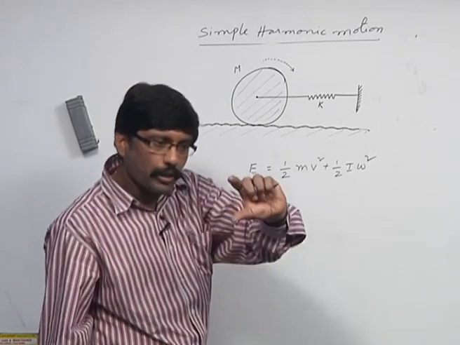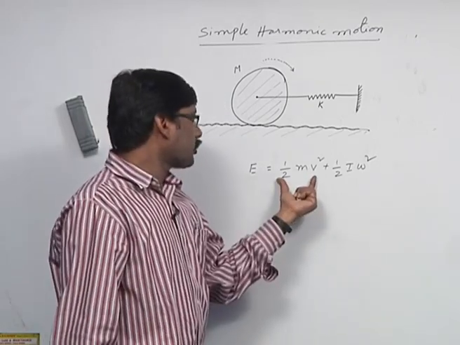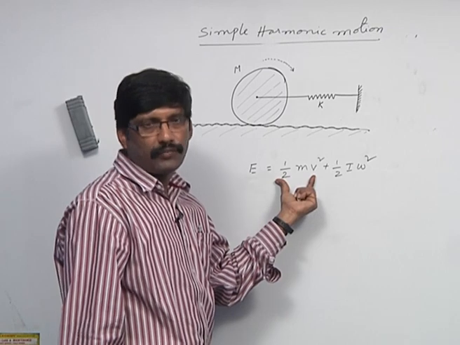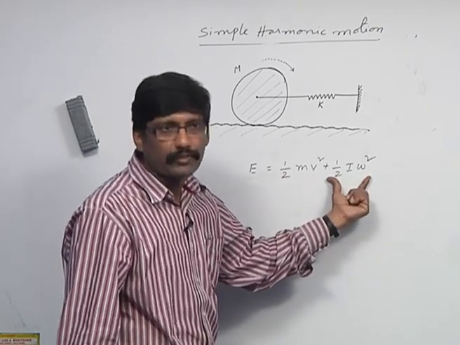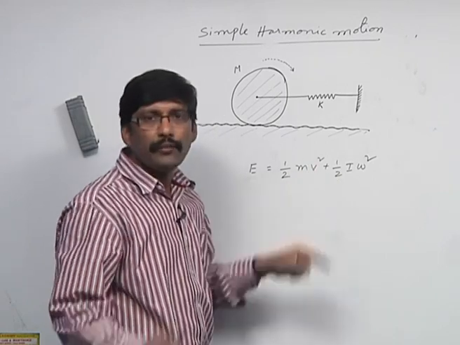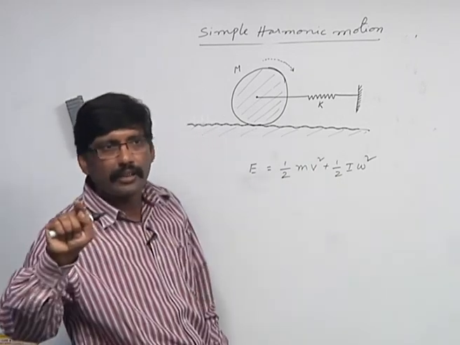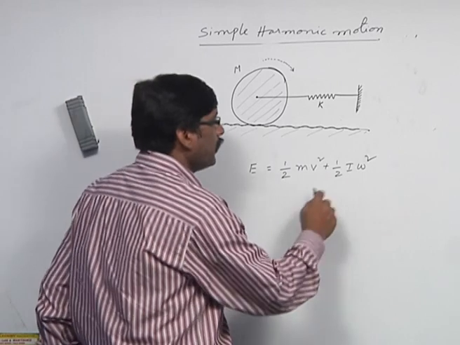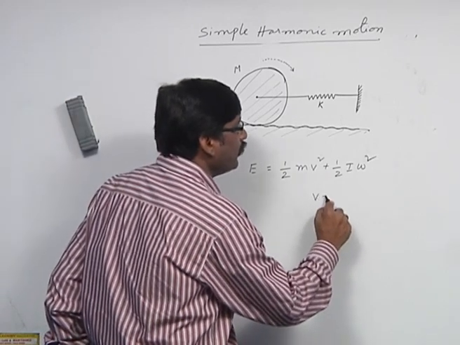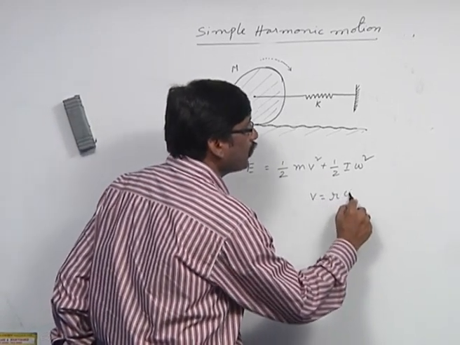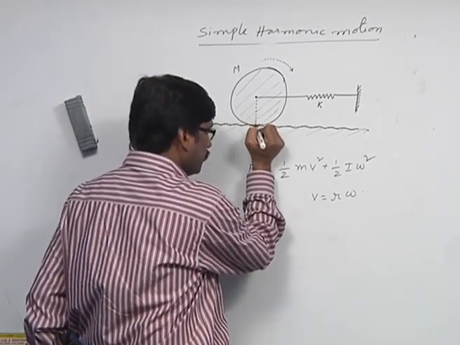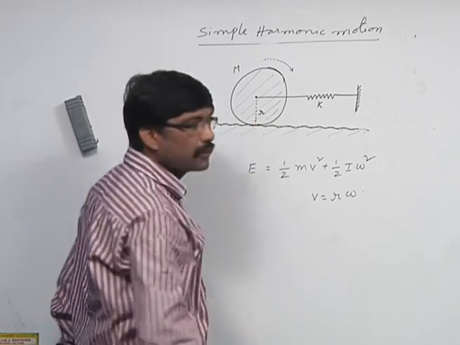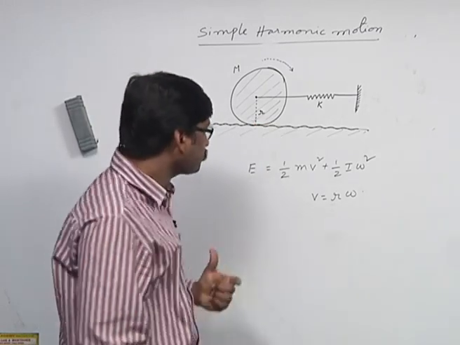In case of a rolling body, translational kinetic energy is half mv square, rotational kinetic energy is half I omega square. Here v is the velocity of the center of mass, and in case of pure rolling, v must be equal to r omega, where r is the radius of this object and omega is the angular velocity.